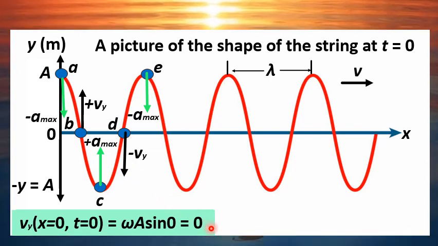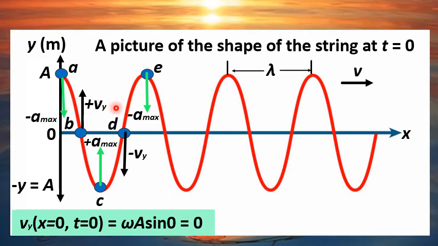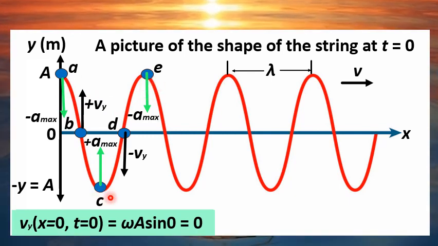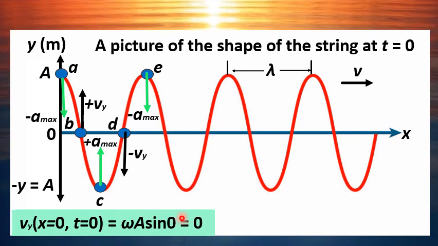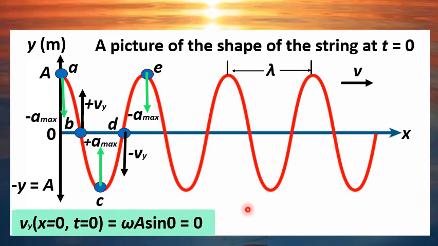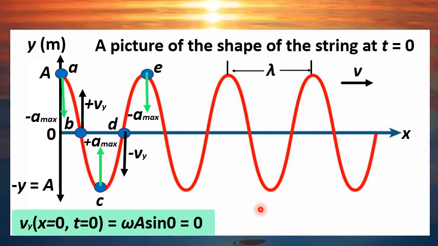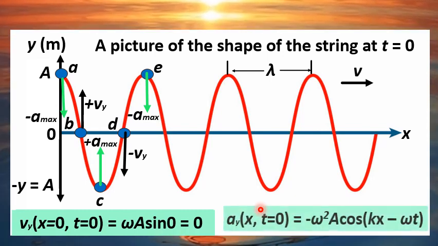All right, so that also is true for particles E and particle C. And last but not the least is the equation for determining the transversal acceleration a sub y.